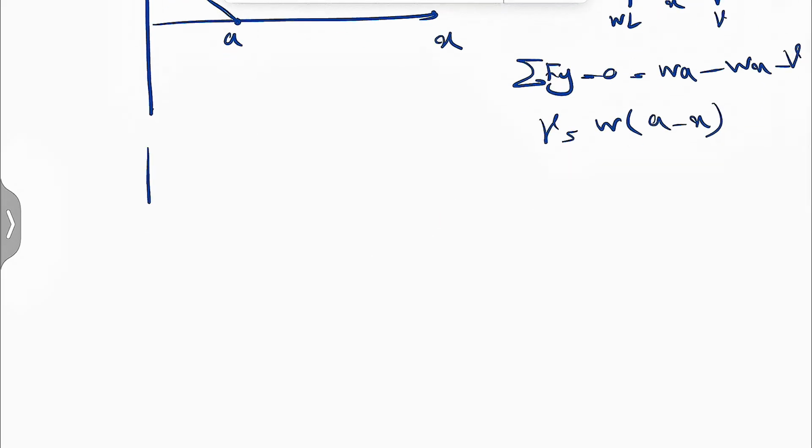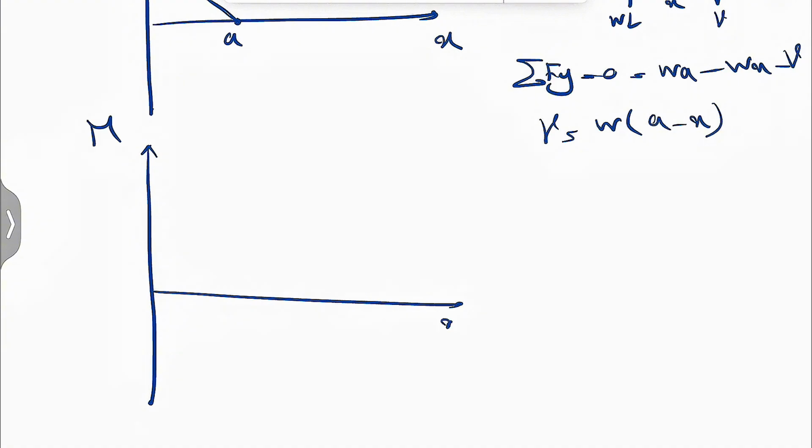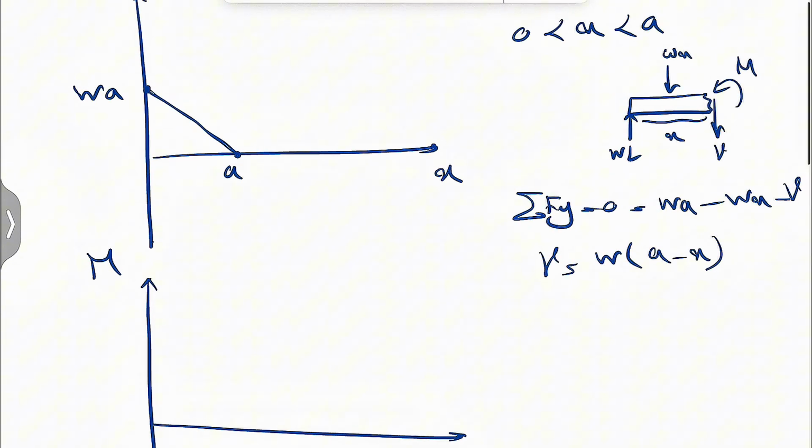And let's show our bending moment as well. And we're just going to find, if you just call this point J, we're going to find the moment about J, counterclockwise positive as always, equals 0.